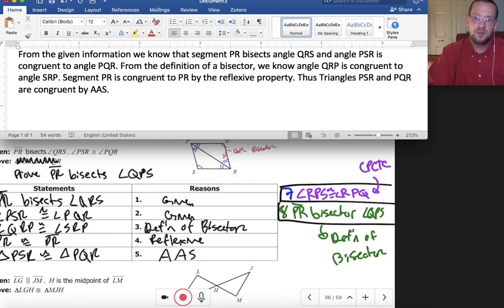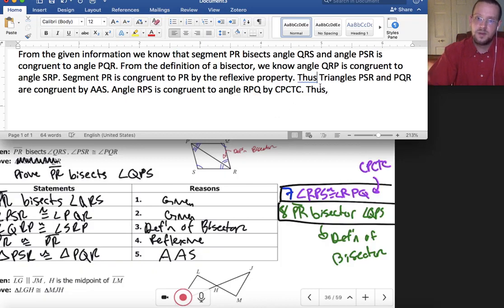Let's finish this one off. Let's say that angle RPS, that was PRS, RPS is congruent to angle RPQ by CPCTC. Thus, I think there should be a comma here.